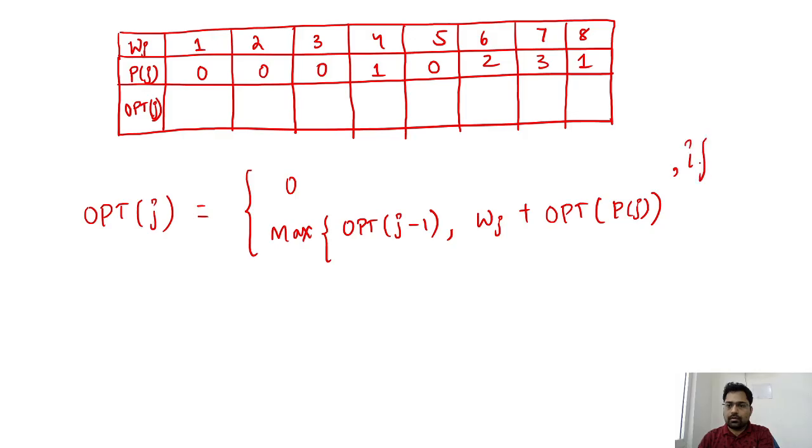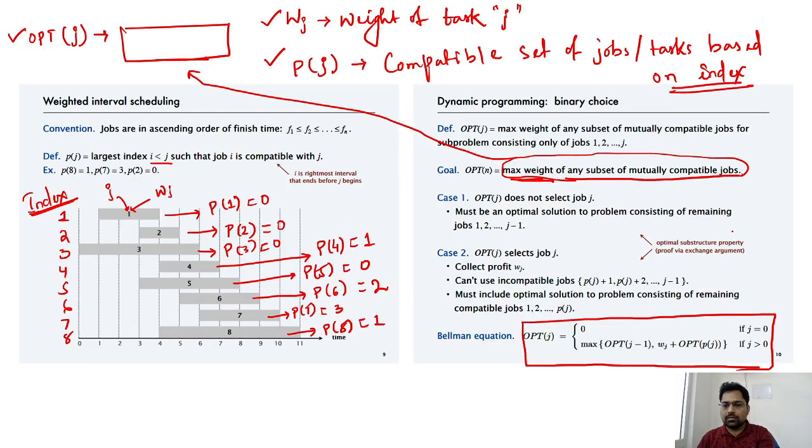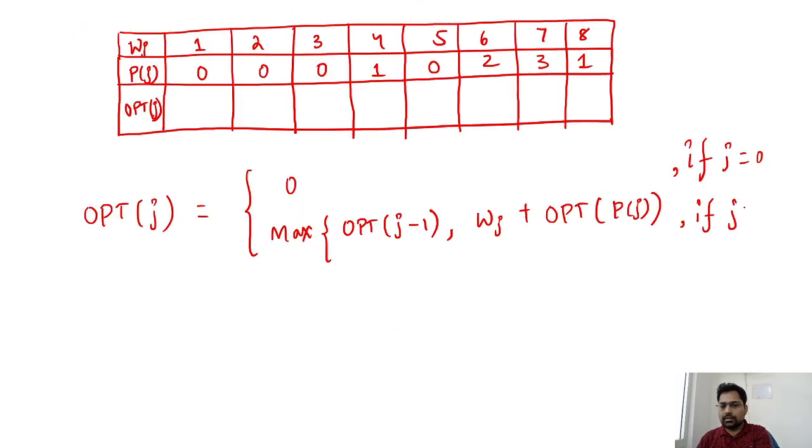If J is 0, if J is greater than 0, it is written clearly, where if A is greater than 0.